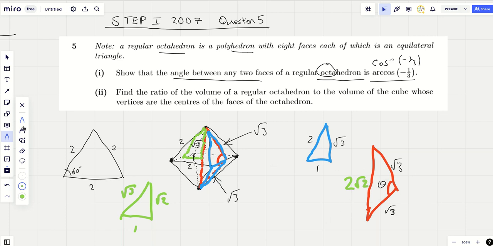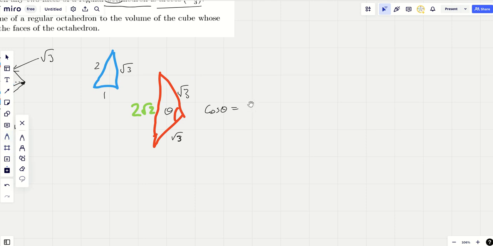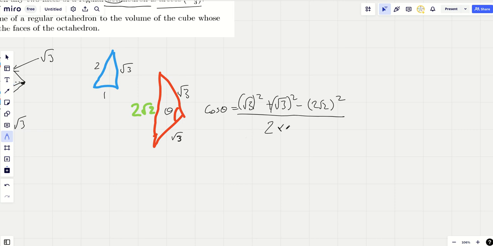Okay, now we can show the result that we need to show. Cos theta is going to be equal to, well, that's a cosine rule problem, isn't it? b squared plus c squared minus a squared, so it's going to be root 3 squared plus root 3 squared minus 2 root 2 squared, over 2bc, so 2 times root 3 times root 3. Okay, what do we get with this then?